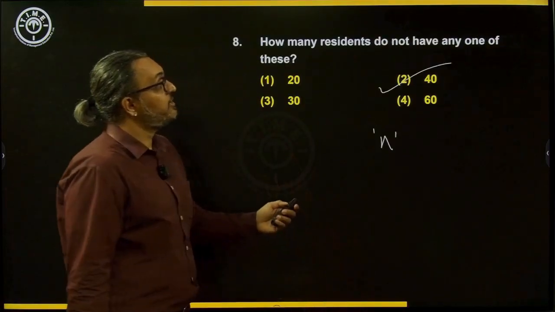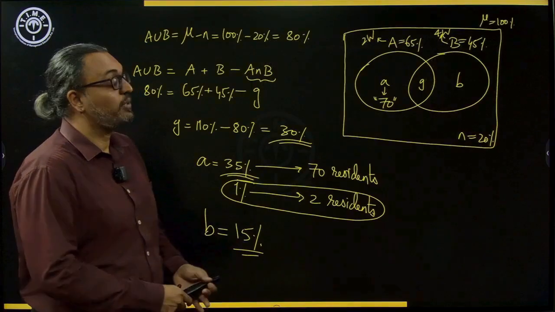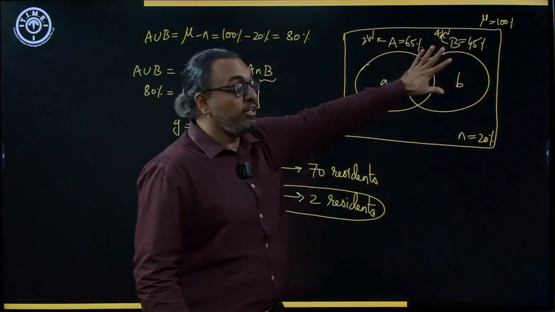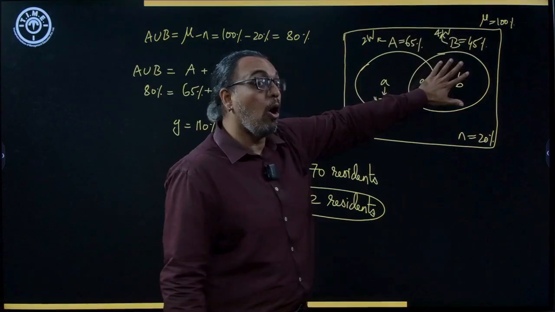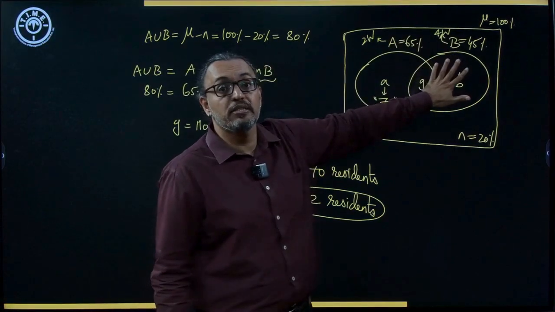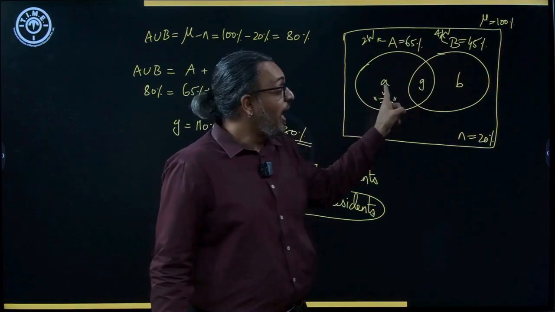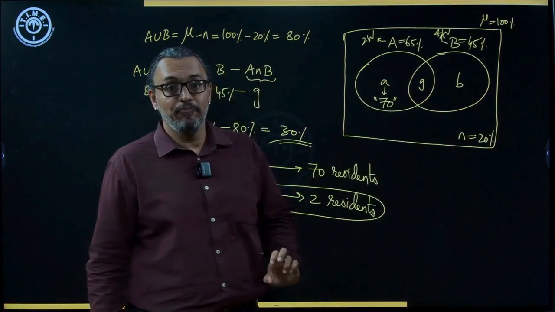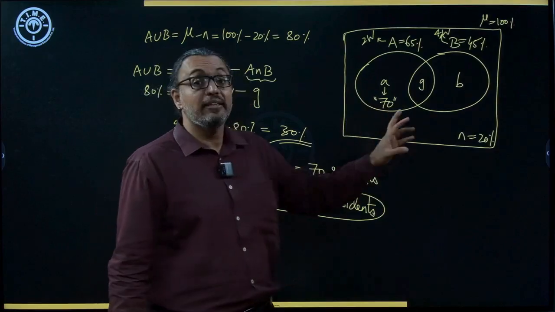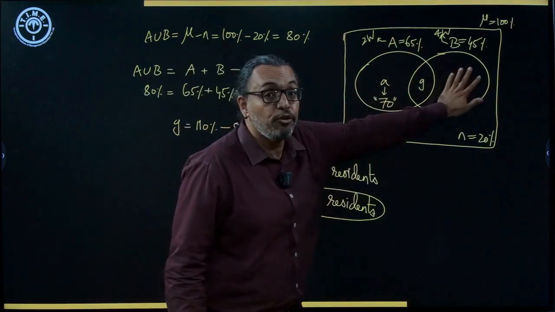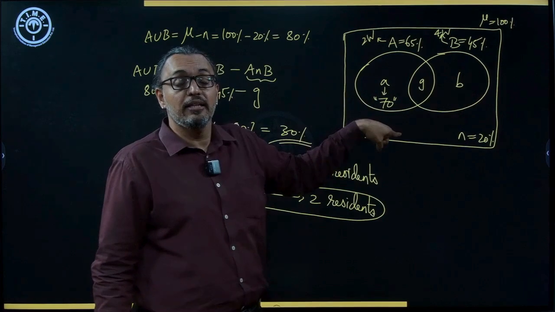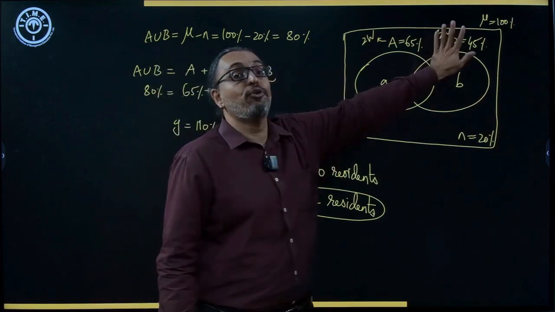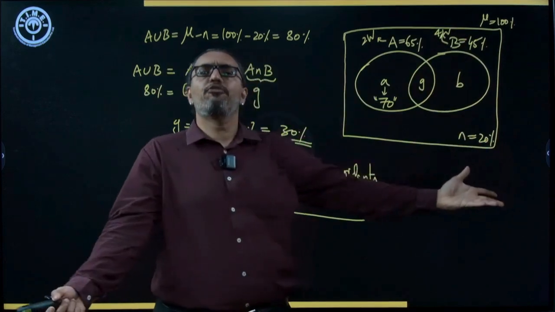Then how many residents do not have four-wheelers? See, when he says do not have four-wheelers, understand from the diagram. See, this is four-wheelers. When he says do not have four-wheelers, all the elements outside of this circle should be considered. That means A and N also. Don't just consider A. If I consider A, then it means what? Do not have four-wheelers but have two-wheelers. That is A. But the question is do not have four-wheelers. N also do not have four-wheelers.